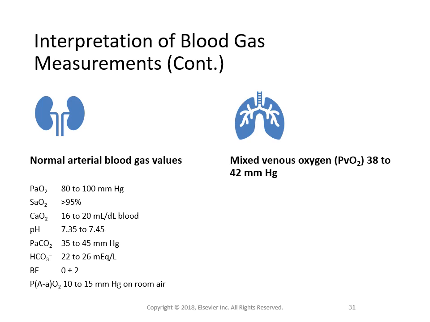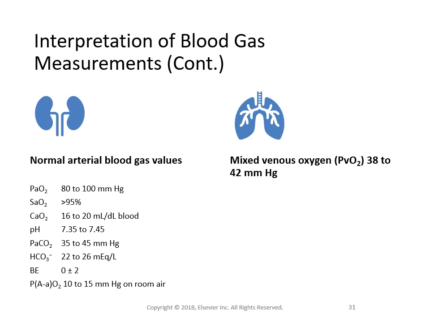Interpretation of blood gas measurements. Normal blood gas values include the PaO2, which should be 80 to 100 millimeters of mercury, an SaO2, or saturation level, of greater than 95%, a content of oxygen of 16 to 20 milliliters per deciliter of blood, a pH of 7.35 to 7.45, a PaCO2 of 35 to 45 millimeters of mercury, a bicarb of 22 to 26 milliequivalents per liter, a BE of 0 plus or minus 2, and a P(A-a) gradient of 10 to 15 millimeters of mercury on room air.